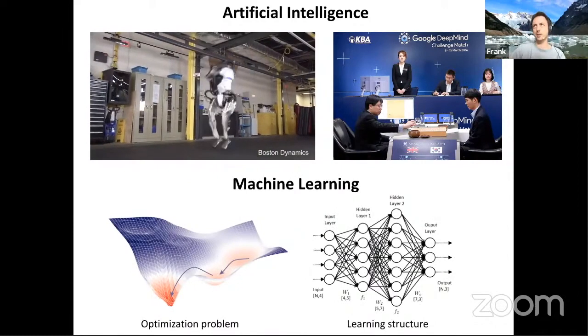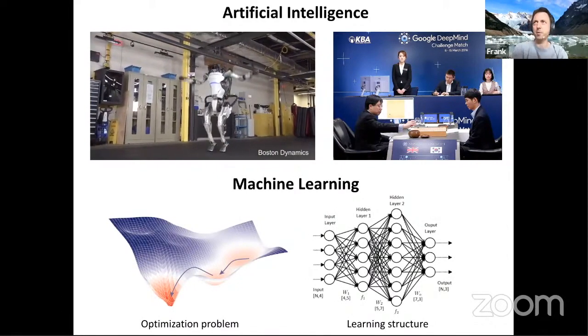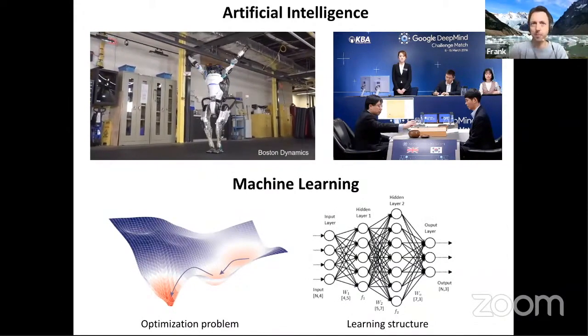First, what is the mathematical problem that we want to solve? What is the optimization problem? And secondly, what is the learning structure? What is the structure which will hold the parameters that we are optimizing, such as a neural network, a kernel machine, or something else?